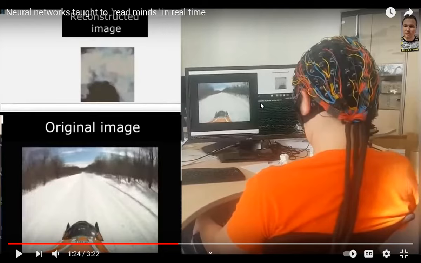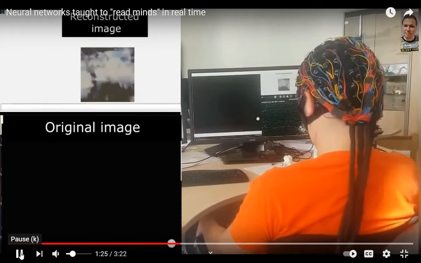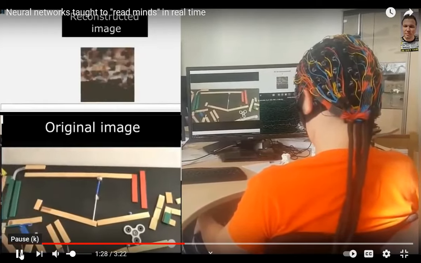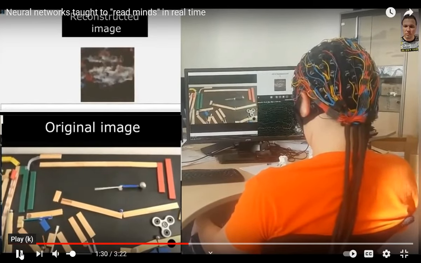And what they do is they train that AI so it's familiar with the neural activity, so it can reconstruct what the AI thinks the person is looking at. And that's basically how that works. There you go. You get basic shapes.